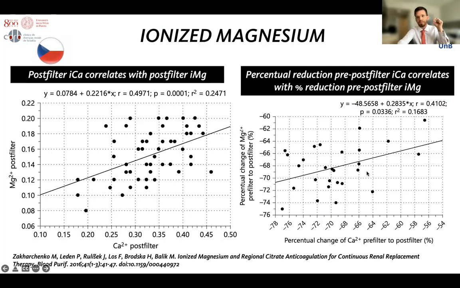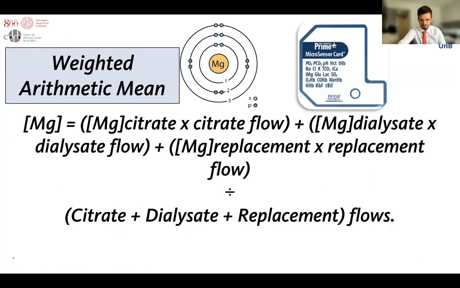The same for the percentage reduction of ionized calcium and the percentage reduction of ionized magnesium. So we see here, for example, at this point, a reduction of 66% of ionized calcium, and similarly around 68% reduction in post-filter ionized magnesium.